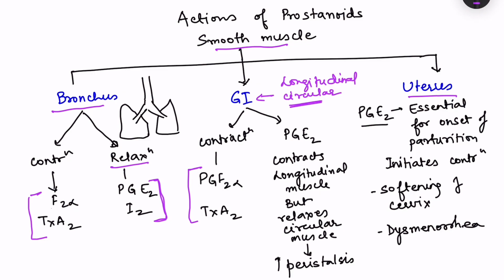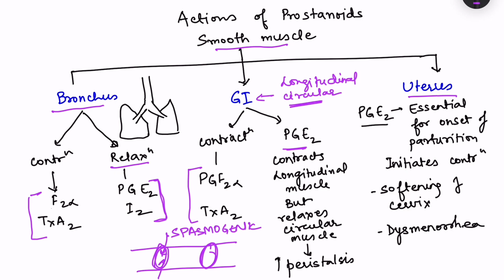Longitudinal smooth muscle is like this, and circular smooth muscle, if it contracts, it will just decrease the diameter. So prostaglandin F2 alpha and thromboxane A2 basically cause contraction of both, and that is why they are known as spasmogenic.